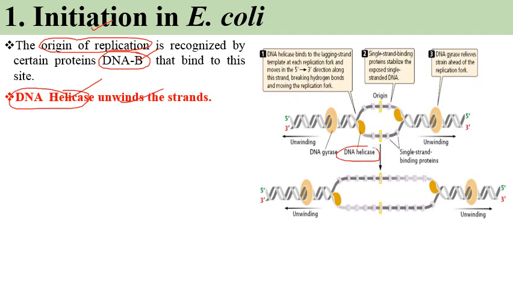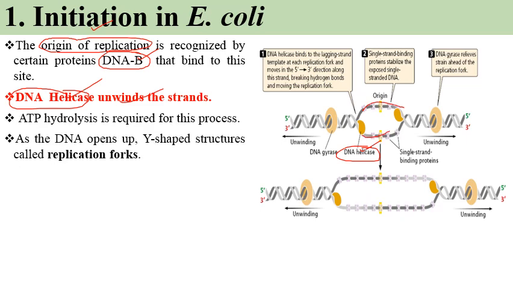So this DNA helicase unwinds, opens the double-stranded DNA from the origin of replication. For this process ATP is utilized. ATP energy is needed. This process is energy dependent. As the DNA opens up, Y-shaped structures called replication forks are formed.